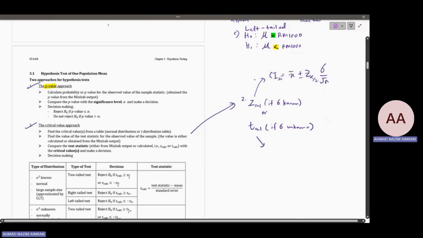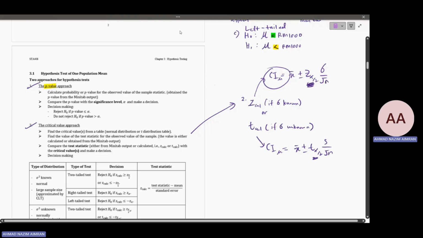This is in chapter 2. I would like to mention that we use Z, but if it's unknown, then we use T: plus minus T alpha over 2 times the standard error. We use Z if known, and T if unknown.